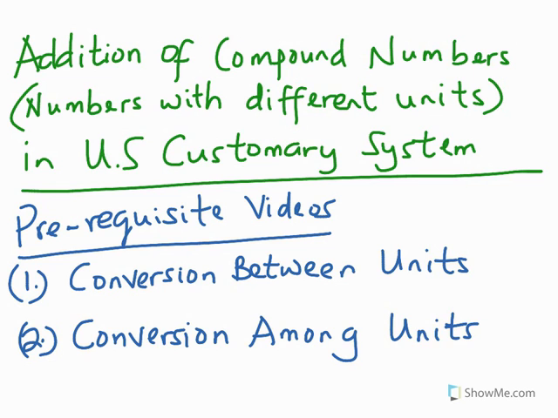Now, why do we have to add compound numbers? Why are we learning this? Because this has several applications in the technical fields, like in carpentry. In carpentry, a carpenter might have two pieces of wood that he needs to join together.